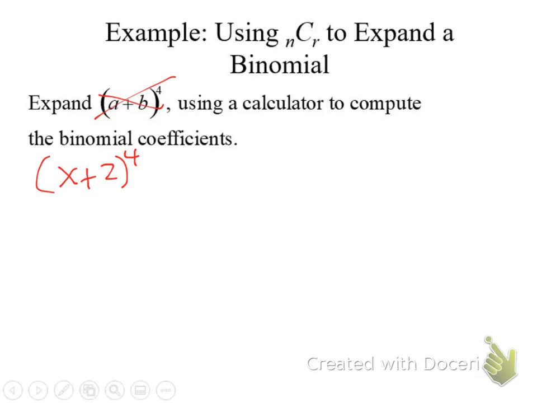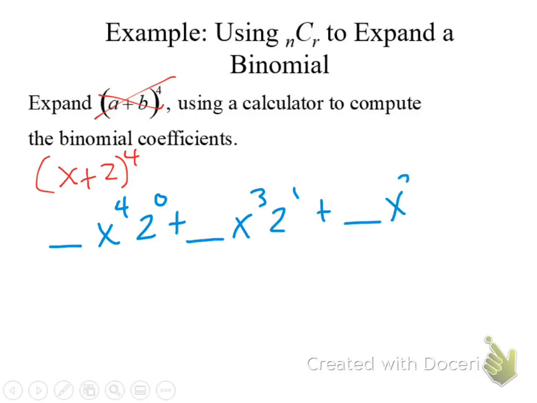So I'd have blank x to the fourth, 2 to the 0, plus blank x to the third, and then 2 will go up a power, plus blank x squared, 2 squared, plus blank, I'm not going to have enough space, I'm going to write in the next row, plus blank x times 2 cubed, plus blank x to the 0, 2 to the fourth.